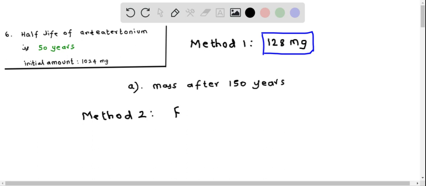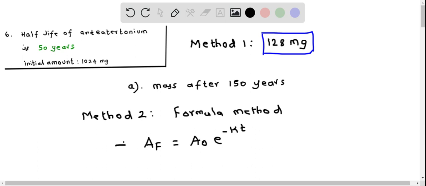And this is a formula method. This is a more general way of determining the amount of substance after t years. So I write down this formula, that is A_f equals A naught e raised to the power of negative kt.